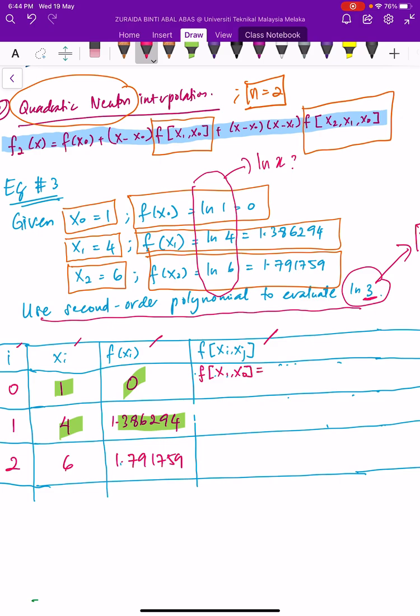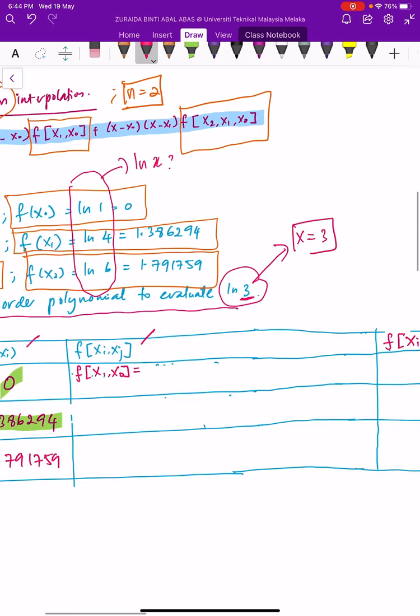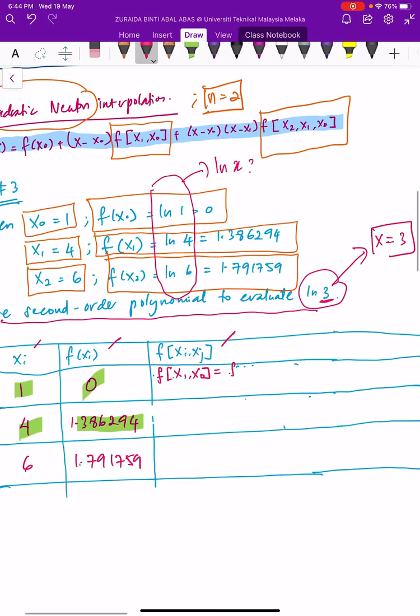It's going to be f(x1) minus f(x0) divided by x1 minus x0.